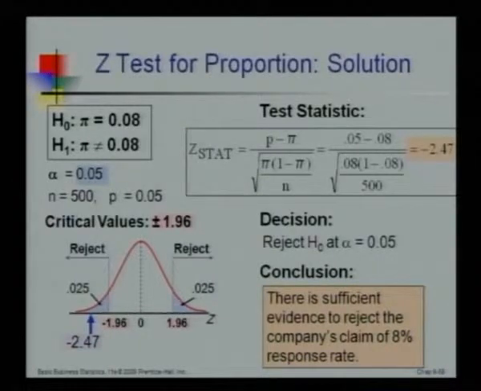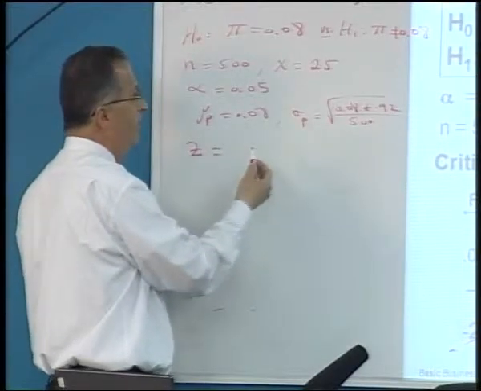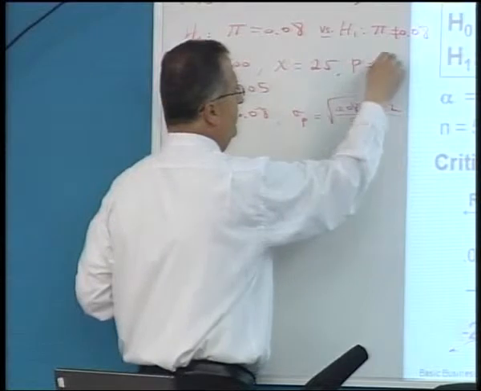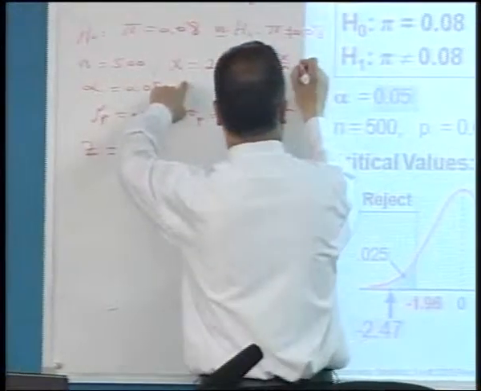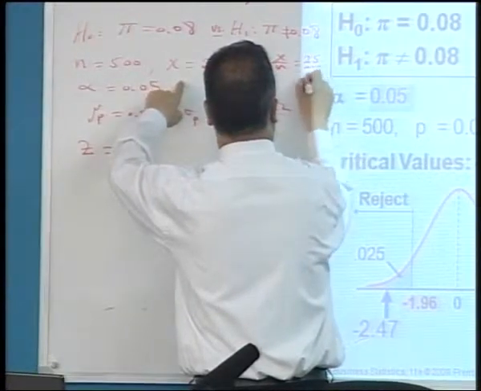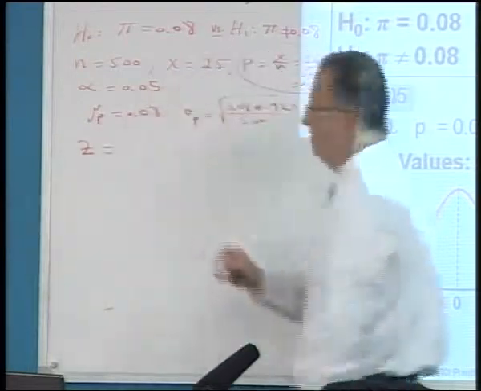So your z statistic. Now what's the value of p? P equals x over n. X is given, x is 25, divided by 500, so p is 5%.